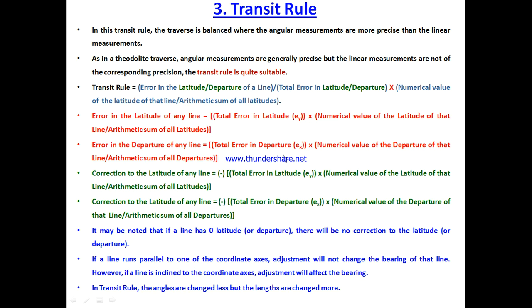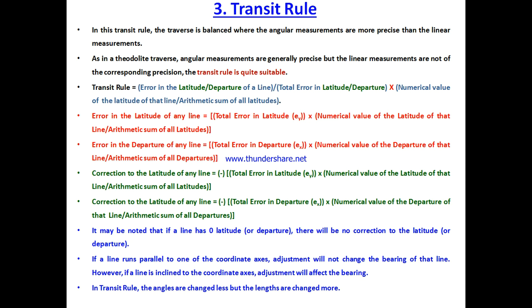For example, suppose you have taken the readings from the theodolite of all the included angles and bearing of the traverse line, and then you have measured the length between different traverse stations with the help of either chain or tape.